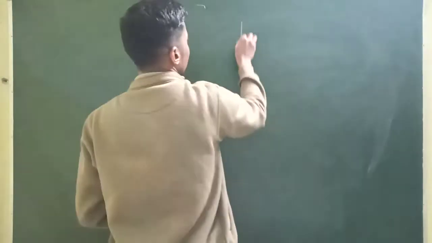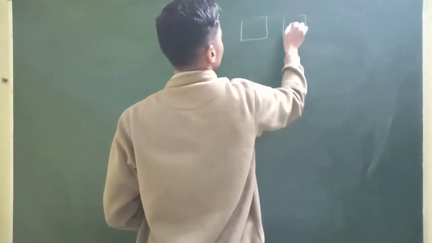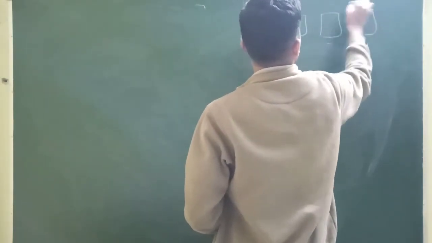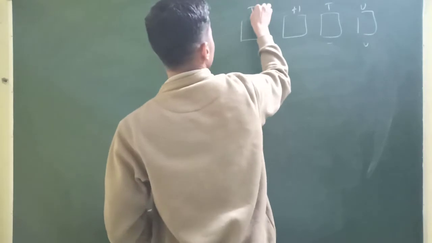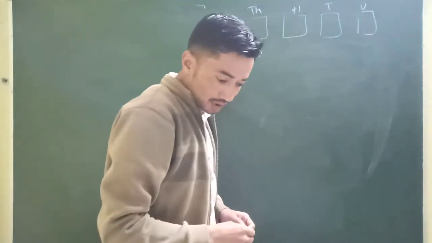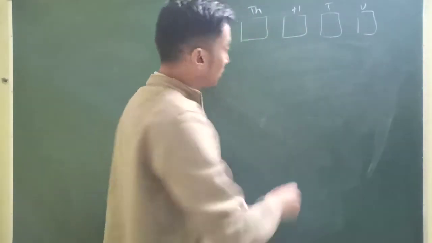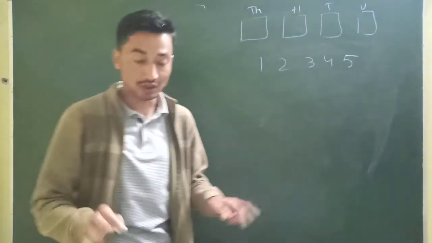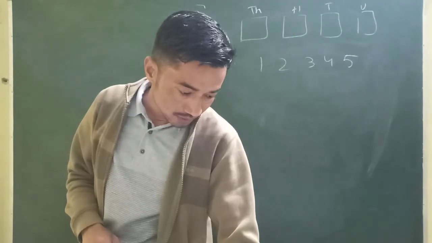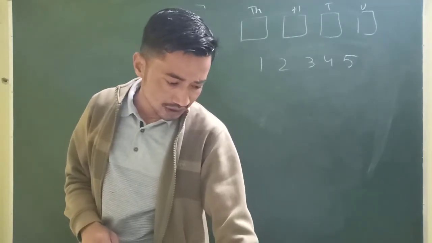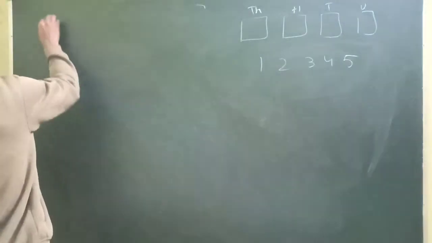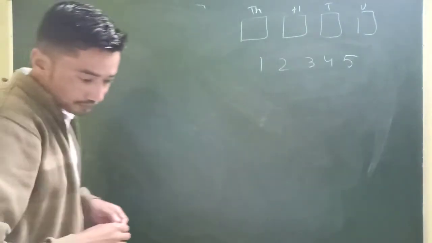Again, we have to get a 4-digit number: units, tens, hundreds, thousands. Using the digits, of course, 1, 2, 3, 4, 5. So that 0 problem is not here. Using the digits 1, 2, 3, 4, 5, if no digit is repeated, then of course that can be done very quickly. That is number 4.